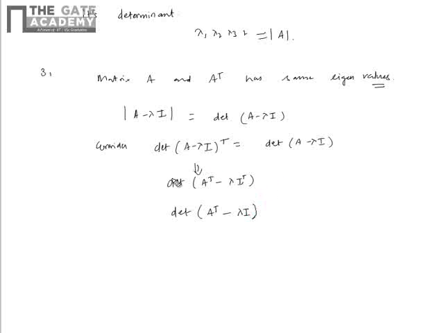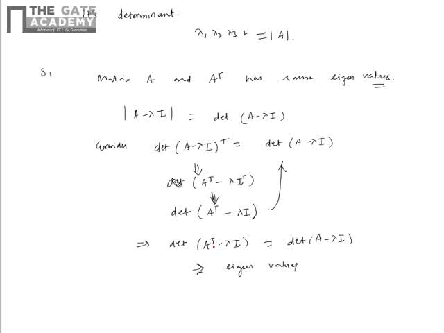So ultimately we have shown that this is equal to this, and finally, what we get is that the determinant of A transpose minus lambda I is equal to the determinant of A minus lambda I, which means the eigenvalues, because the determinant of A transpose minus lambda I will give you a characteristic equation, and the determinant of A minus lambda I will give you a characteristic equation.